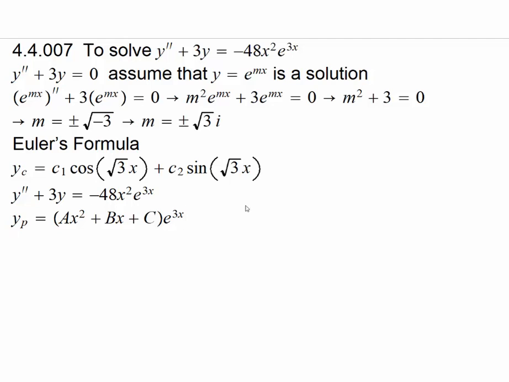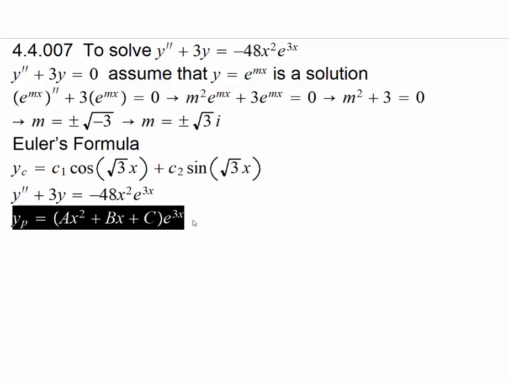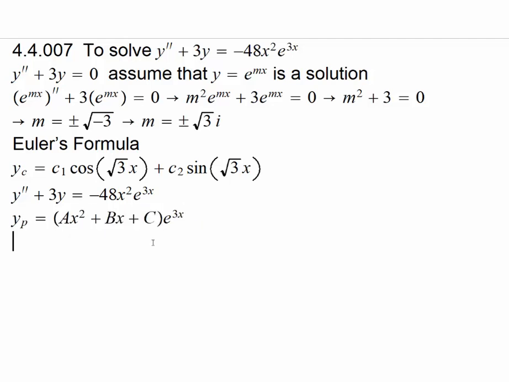Now, the rest of the process will be just routine calculation. That is, you'll compute the first derivative of this function by using the product rule and of course the chain rule.